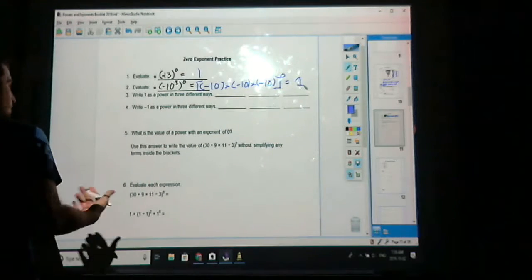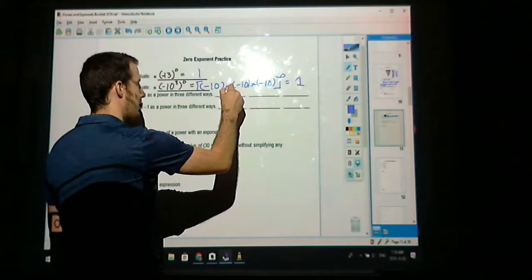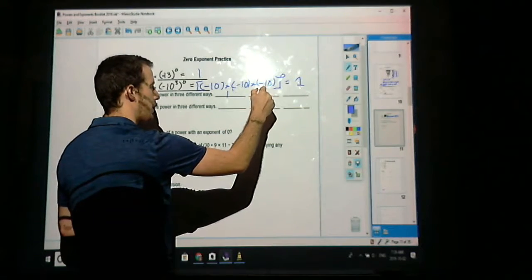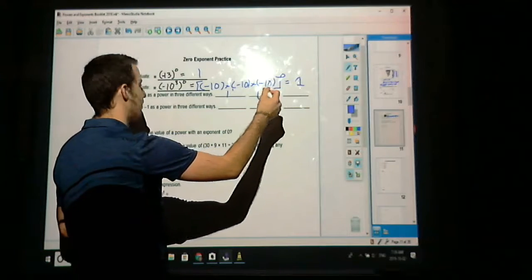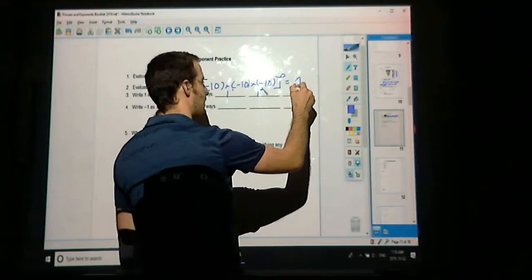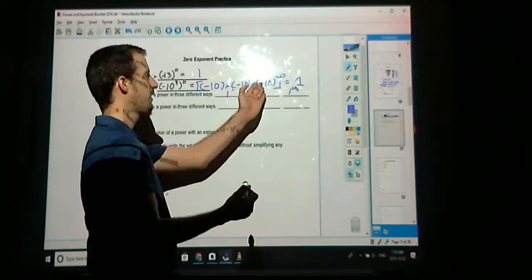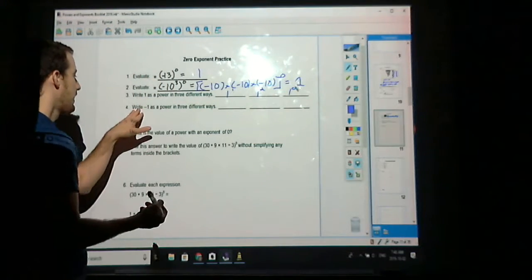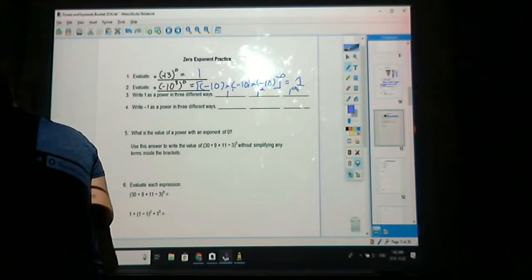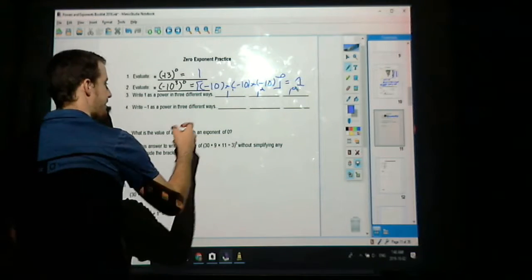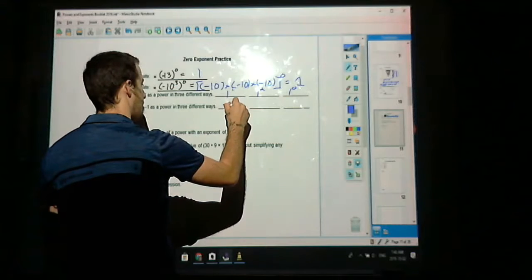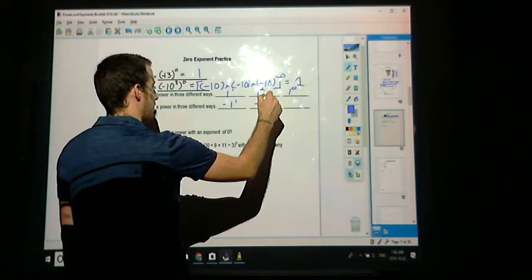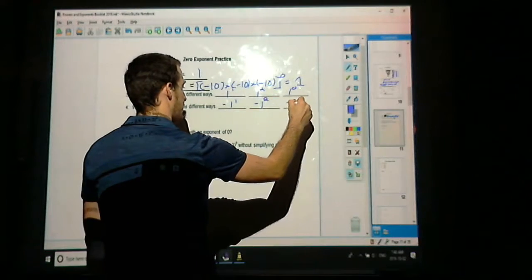Okay, so write 1 as a power in 3 different ways. All right, well, you could write 1, which is the same thing as 1 to the power of 1. You could write 1 to the power of 2. You could write 1 to the power of 0. All 3 of these will give you the answer of 1. Write negative 1 as a power in 3 different ways. Well, negative 1 to the power of 1, negative 1 to the power of 2, or negative 1 to the power of 0.